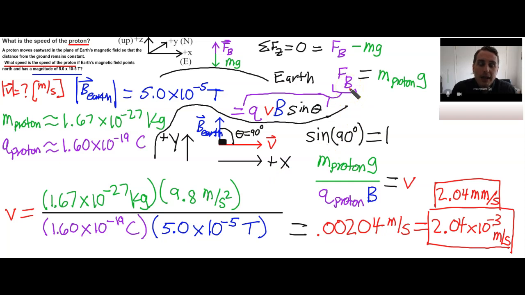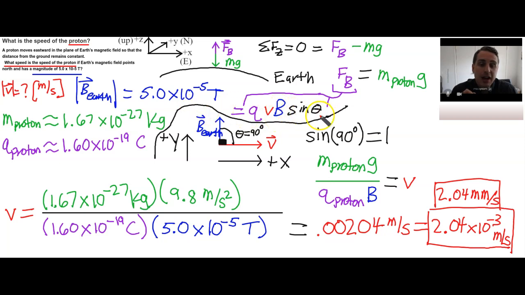What is Fb? Well, that's the magnetic force on a charged particle in a magnetic field, which is qvB sine theta. Q is the charge on the proton, that's the fundamental charge. V is what we're trying to solve for, the speed. B is the Earth's magnetic field magnitude.